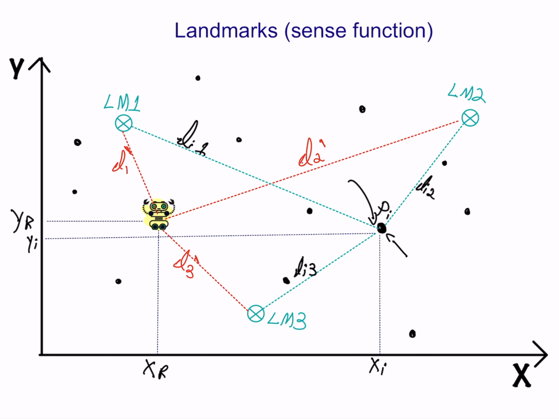So each particle has a z vector, a sense vector, and that sense vector is basically a list of all the distances between each particle and the three landmarks.